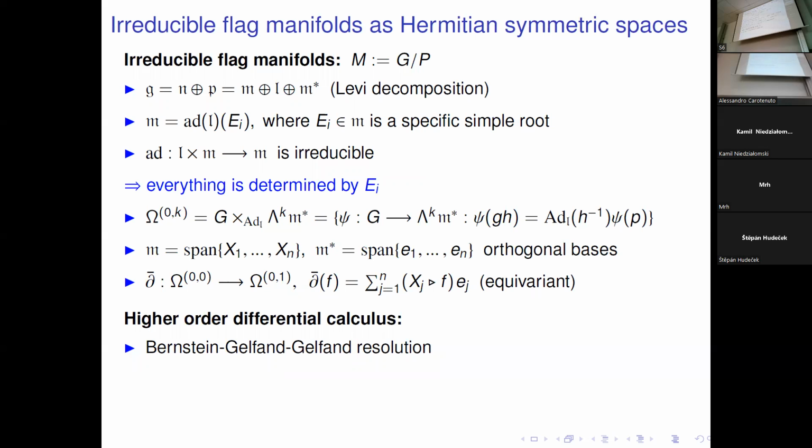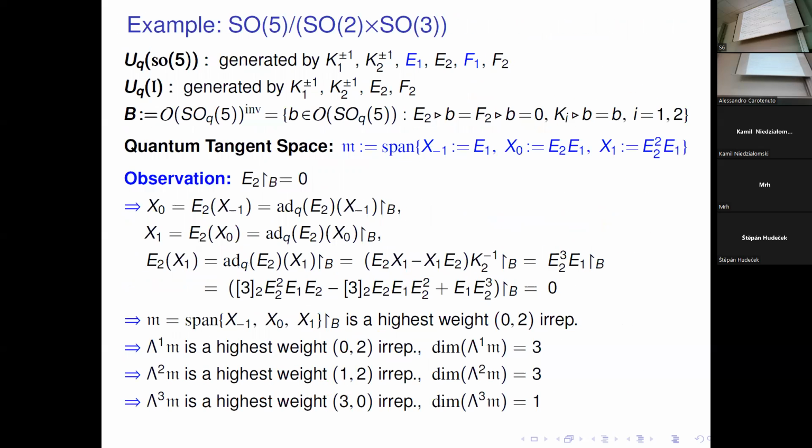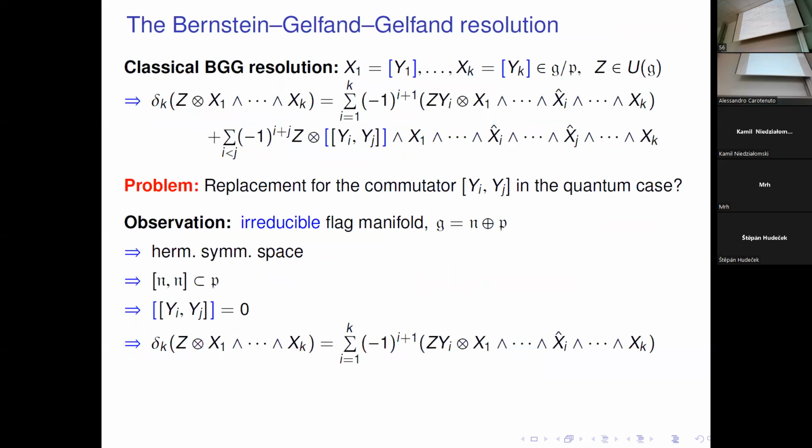You have two linear spaces, and one has a representation of the tangent space, and one is just its exterior. Again, you have invariance. So for the irreducible type, we take out one specific simple root, and then the tangent space is generated by the adjoint actions of the Levi type.